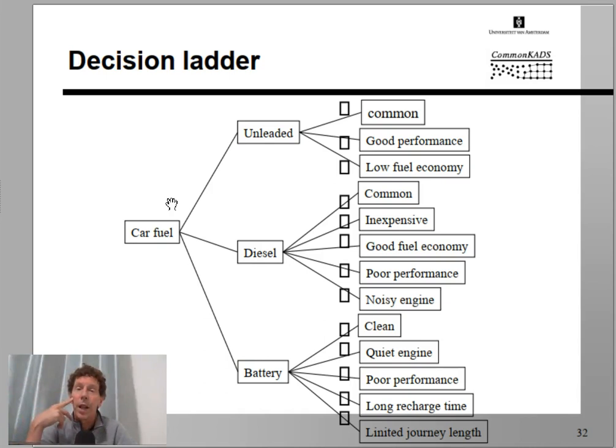Here is a third one. So this one looks a little bit like the first one, where this was from a very simple example where you were diagnosing a car. Right? So this is often a toy example that we use in our illustrations. Actually, I think this was for choosing a car. So when you're choosing a car, you have to choose what car fuel you want to have. Right? So do you want to have a car that is fueled by unleaded fuel, by diesel fuel, or an electric car?